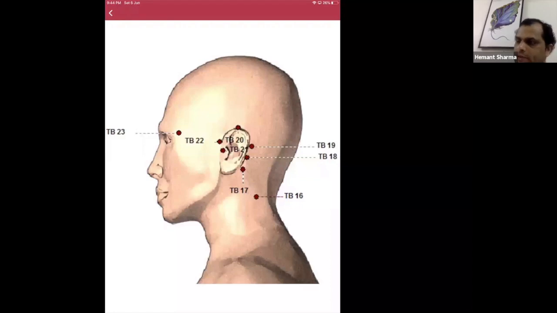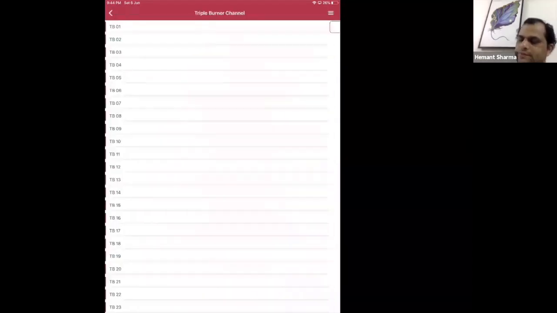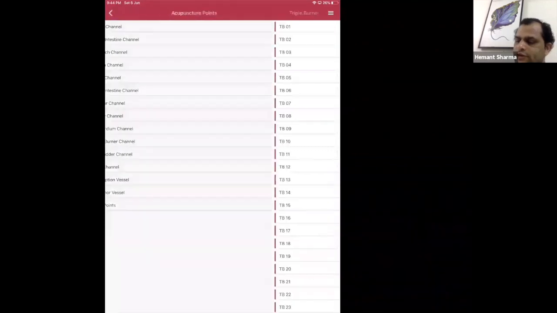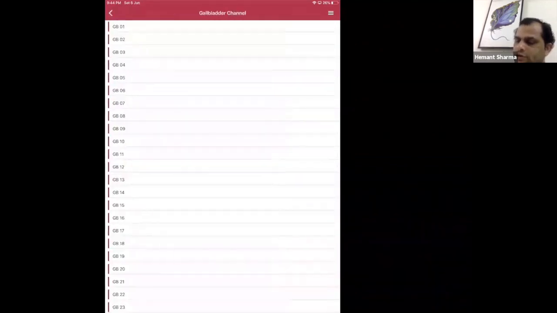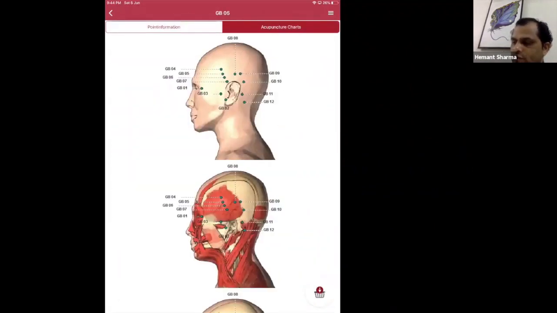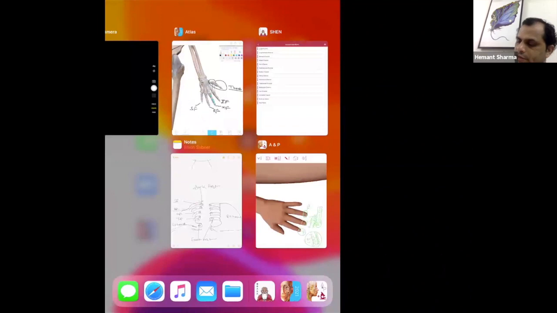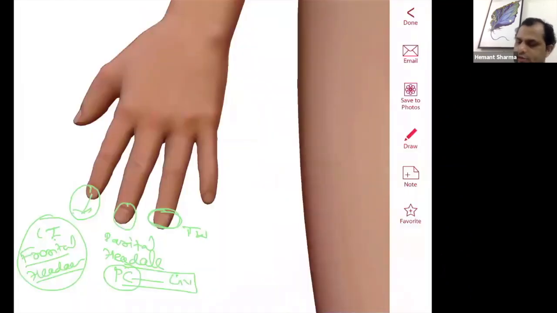And the triple burner meridian is also connected with the gallbladder. So whenever you treat the triple burner meridian, it also affects the gallbladder. And when you see the route of the gallbladder meridian, it is in the temple area. So the ring finger is treating the headache happening in the temple area. In the same way, if we go to the last, this is the small finger.